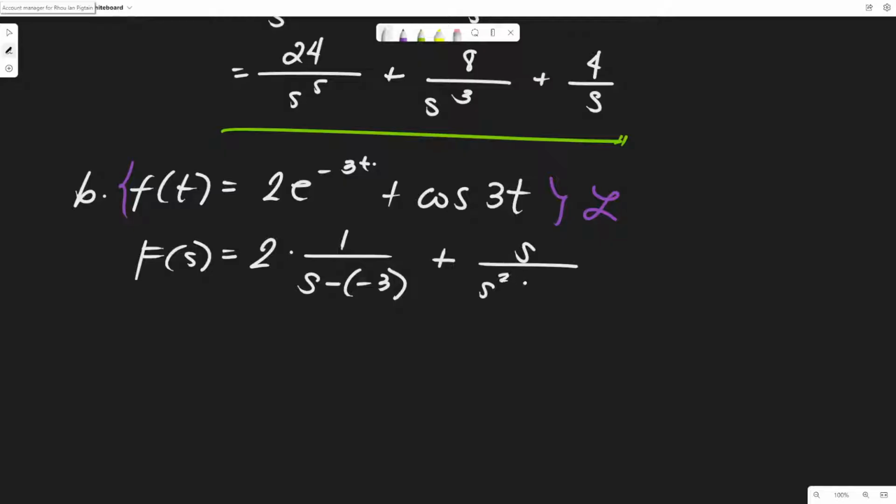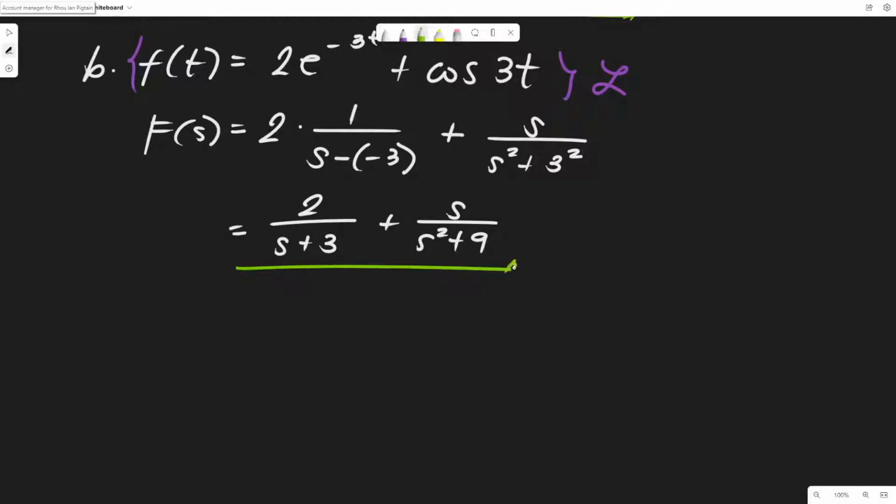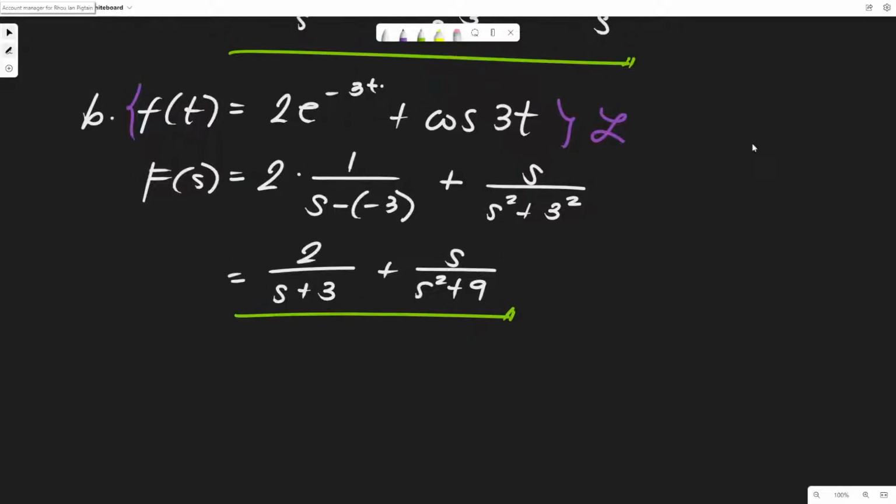Okay lang yun, mas okay na medyo mabagal kaysa padalos-dalos. Masasanay din kayo, bibilis din kayo eventually sa pag-evaluate. So, you have 2 over s plus 3 plus s over s squared plus 9. This is the Laplace transform of the function.